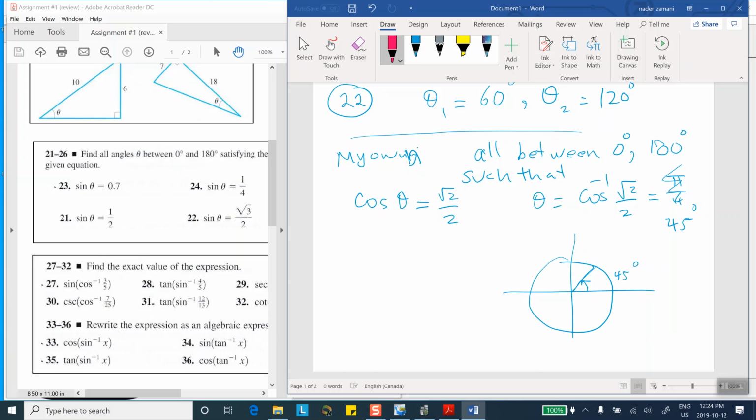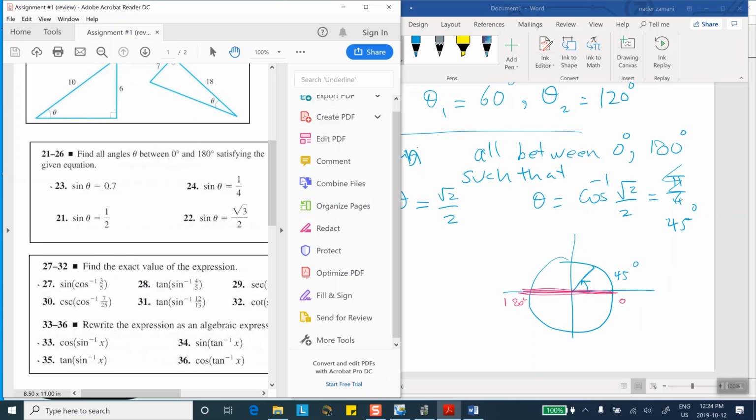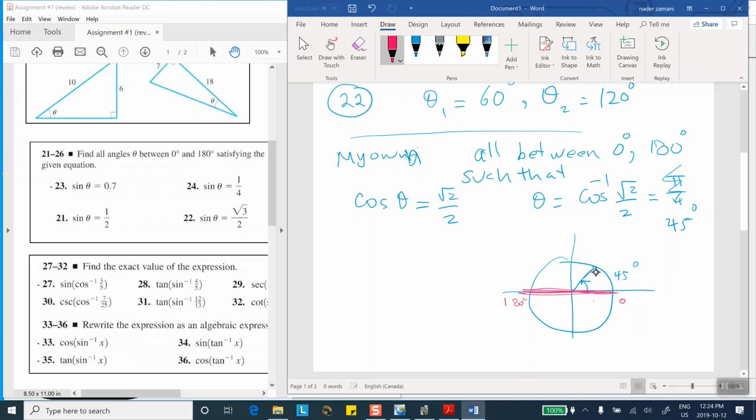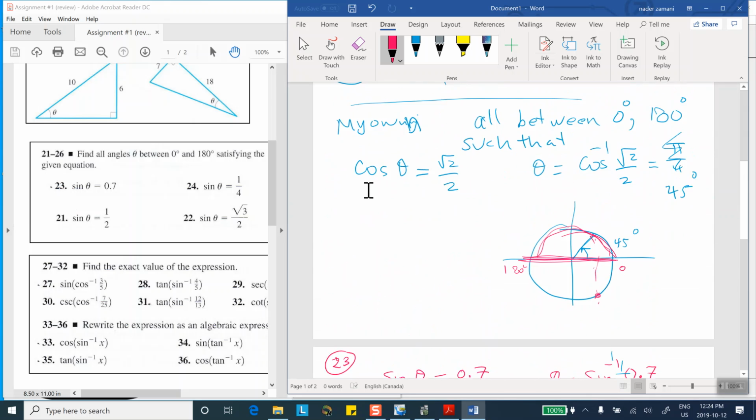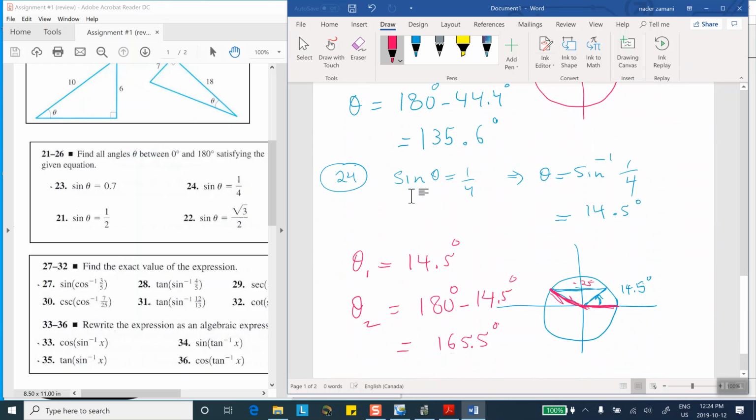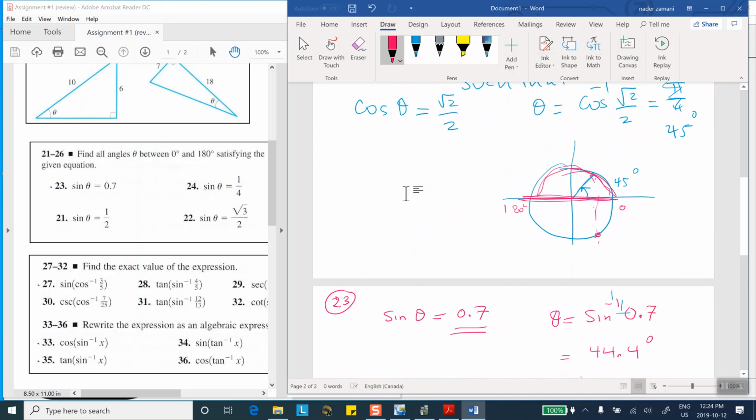But in the interval between 0 and 180, this is 0 and 180, this is the only angle whose cosine is root 2 over 2. There's another angle down here, but this is not in the interval 0 to 180. Okay? Let's move on to the next page, next problem.